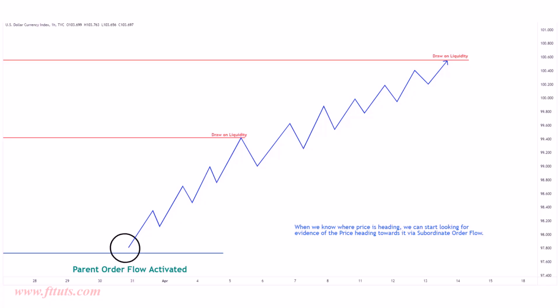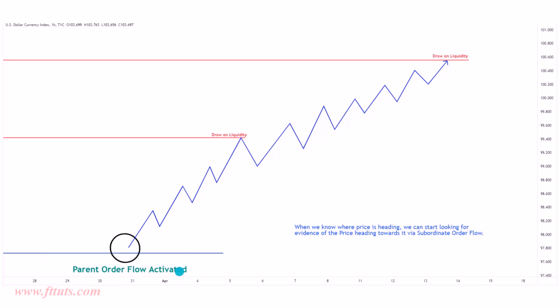When we know where price is heading, the draw on liquidities, we can start looking for evidence of price heading towards it via subordinate order flow. Subordinate order flow is just the little peaks and troughs on the lower time frames generated from the parent order flow.